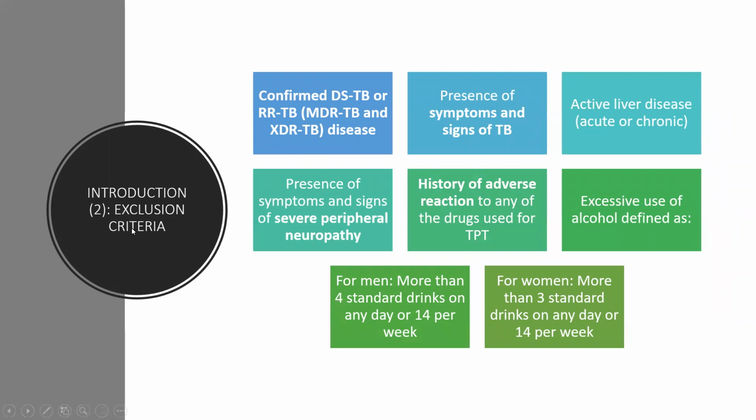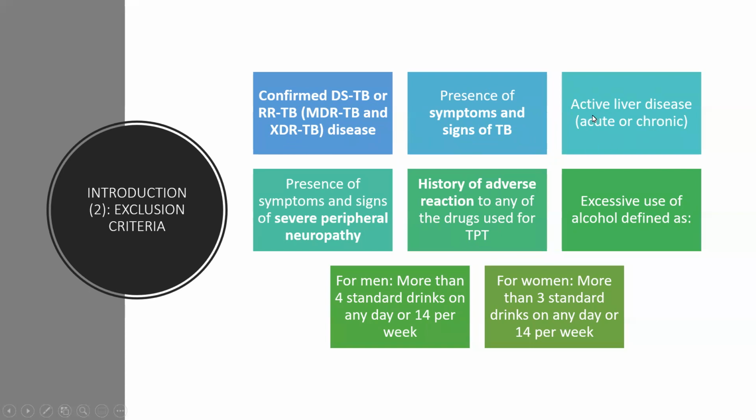Whereas the exclusion criteria for TPT, those who are excluded, are those with confirmed DSTB or RRTB disease. You cannot consider TPT for these patients because they already have confirmed disease. The other group that you cannot consider for TPT are those with the presence of symptoms and signs of TB.